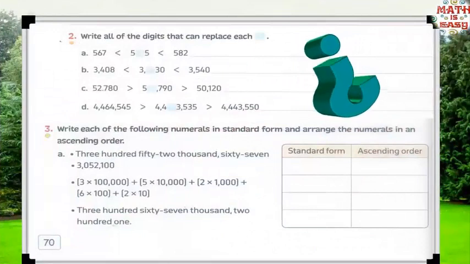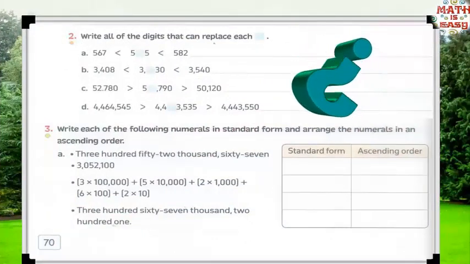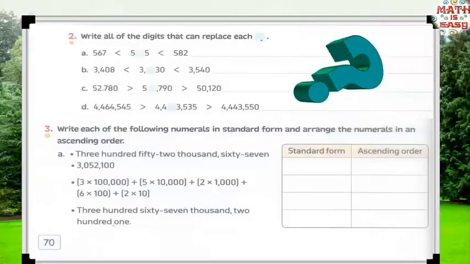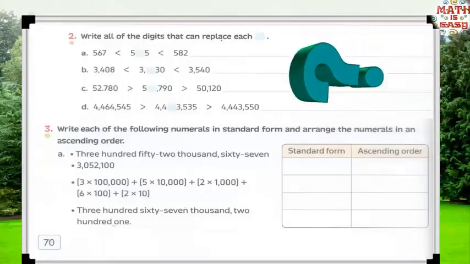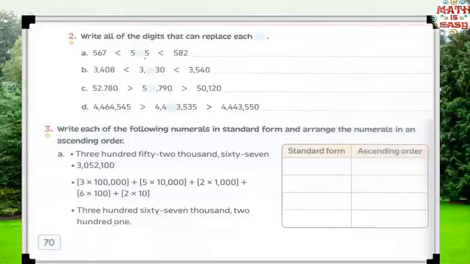Now, in the next one, number 2, write all of the digits that can replace each space or each missing digit. He tells you "all," which means maybe you have more than one digit. Here we have 567, 6 in the hundreds place, here nothing, and here in the tens place we have 6, nothing, and 8.